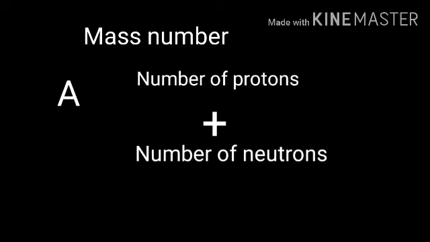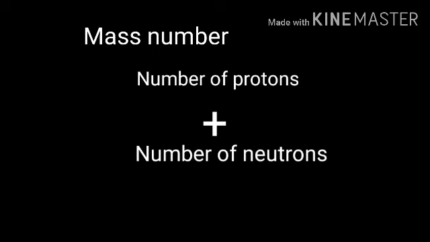So we can write the equation: mass number is equal to number of protons plus number of neutrons. Here the number of protons is equal to the atomic number or number of electrons.